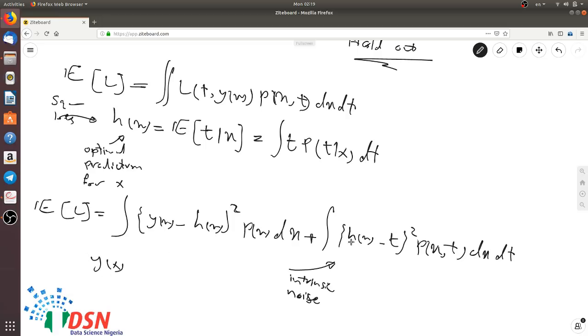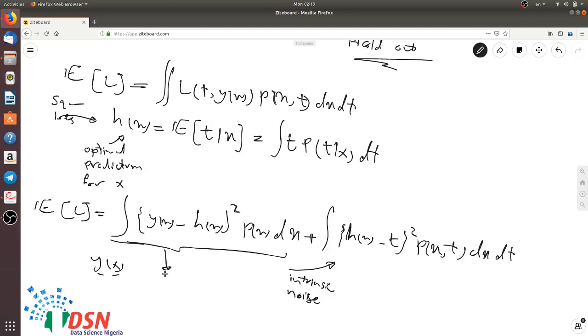It is related to the target values, which are the training data, and the true function of the training data. So this is the intrinsic noise, and the first term just depends on the model, which is y of x.